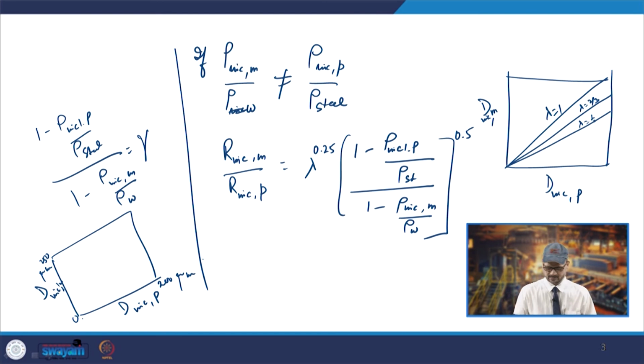So, you will have a graph like this for gamma equal to 1, similarly that will be gamma equal to 2, and it has been reported like this for gamma 3. So, accordingly for different conditions you will have different types of graphs, by which, depending upon the value of gamma, you can predict the diameter of the inclusion which can be taken for water modeling if you know the diameter of the inclusion which is used in the steel.